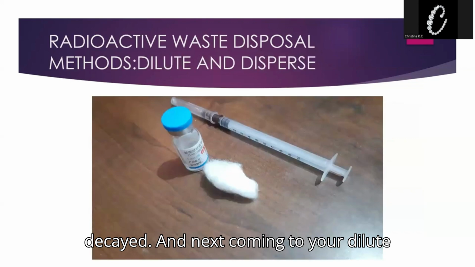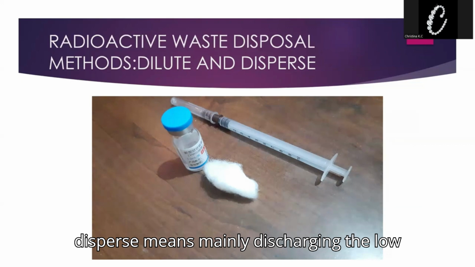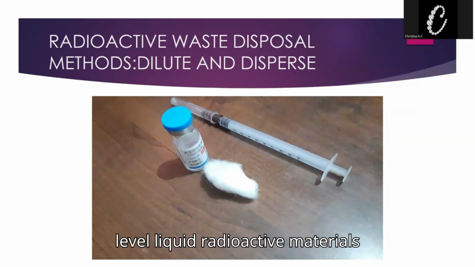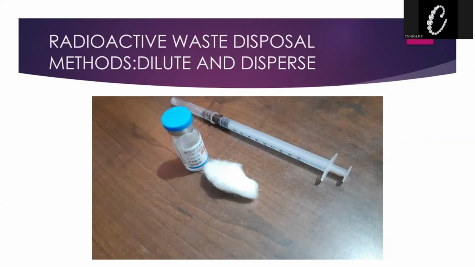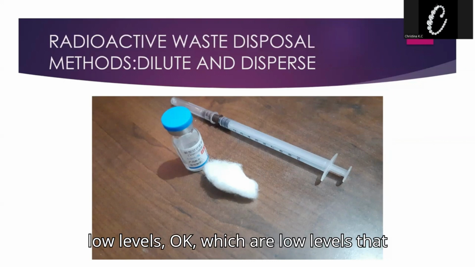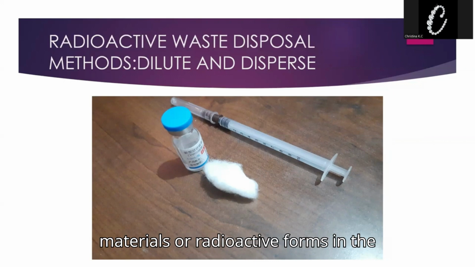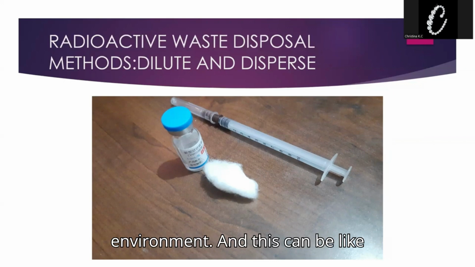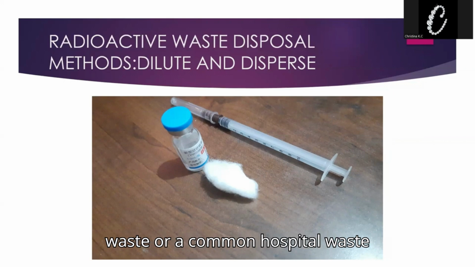Next, coming to dilute and disperse. What does dilute and disperse mean? Mainly discharging low level liquid radioactive materials to the environment. You are discarding low level liquid radioactive materials into the environment, and this can be disposed of like ordinary waste or common hospital waste.